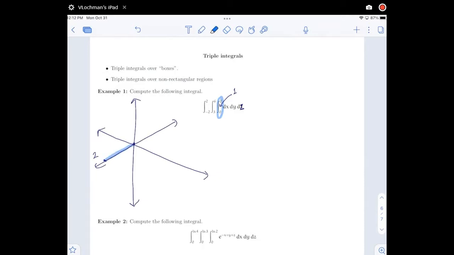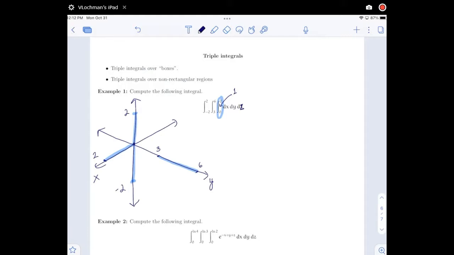Y goes from 3 to 6, so that one was okay. So let's say this is right here, 3 to 6 for y. And z is the one that goes from -2 to 2. That's it. So here's my 2, here's -2.